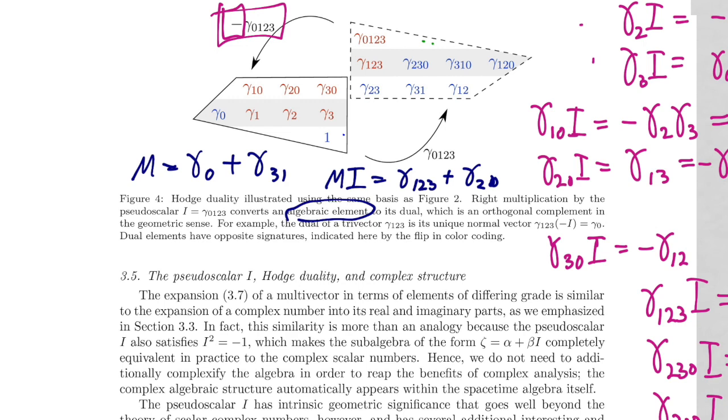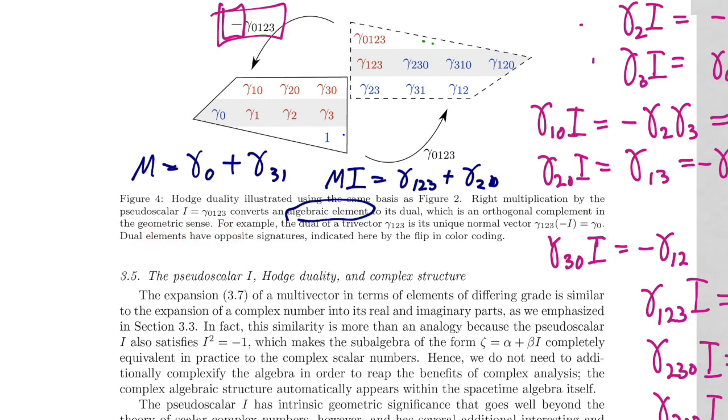Well, let's see. How do I say this? The largest part of the piece that's complementary to gamma 0 is this 3D volume element gamma 1, 2, 3. Likewise, gamma 3, 1, it's missing the gamma 2, 0 parts, right? So it's orthogonal complement in the geometric sense.